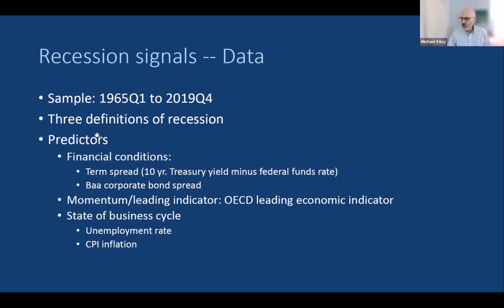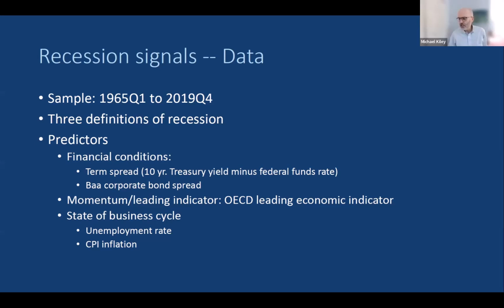I'm going to consider three definitions of recessions in the United States. First, the definition of the NBER, which is subjective and looks at many indicators. But I'm also going to consider two more algorithmic and simple definitions.